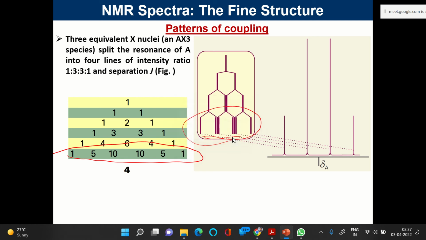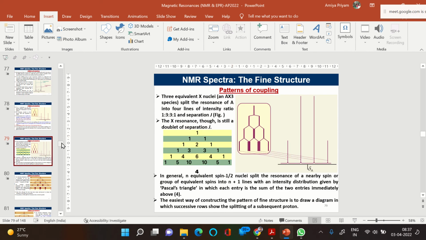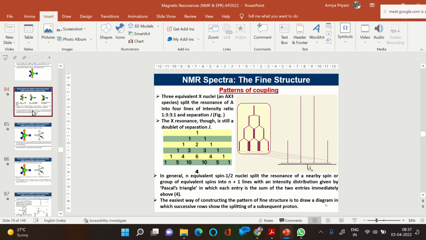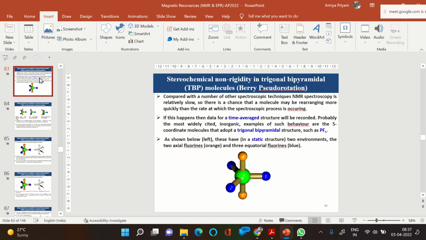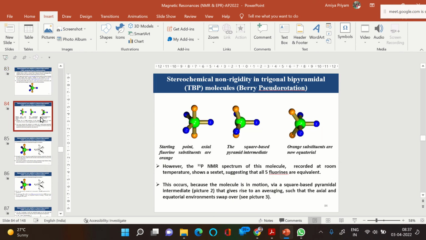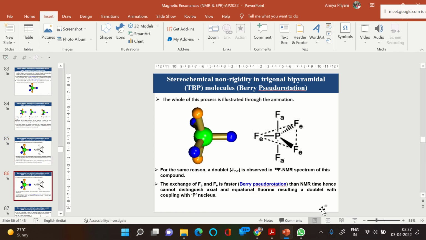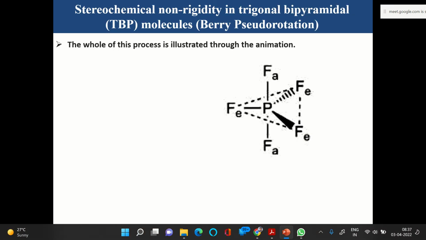We have already discussed these patterns, and it is only now that we are applying those concepts in understanding these kinds of geometries. So PF5 is a good example for developing that kind of understanding.